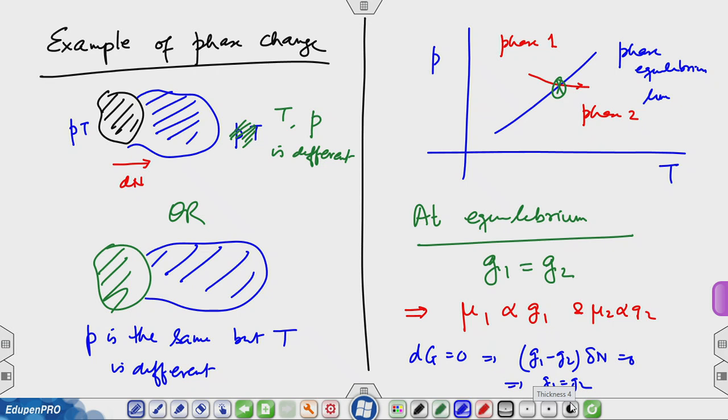So we have already seen an open system and saw that something becomes equal. And in fact, we'll see that mu indeed comes out to be G per particle. So whenever there is an open system, equilibrium requires that an intensive quantity becomes equal, and that takes care of the complete equilibrium. I'll come back to this point again.